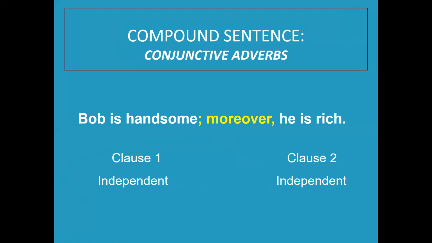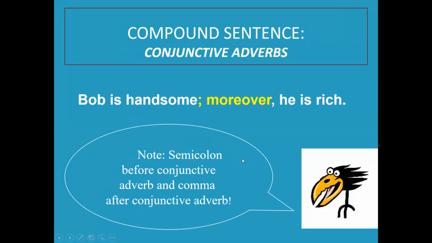Bob is handsome; moreover, he is rich. Again, two independent clauses joined by a semicolon and a conjunctive adverb. So in this way also, we can create a compound sentence. A semicolon before the conjunctive adverb and a comma after the conjunctive adverb is essential, is important.